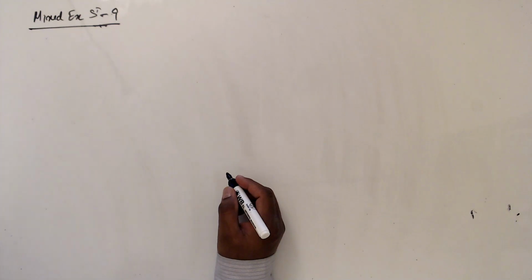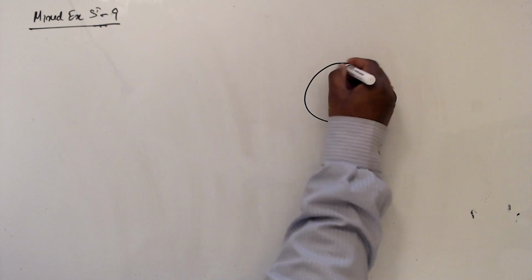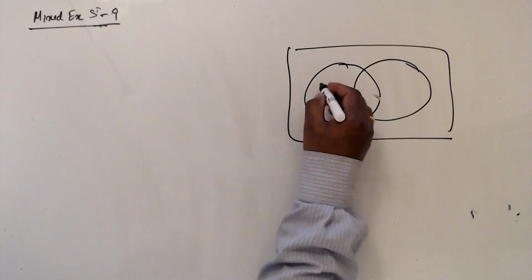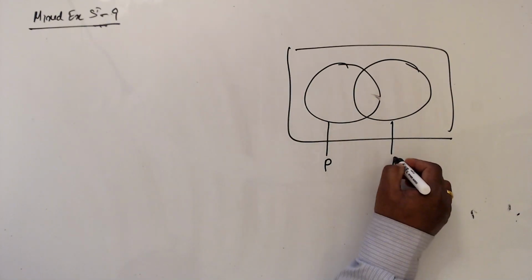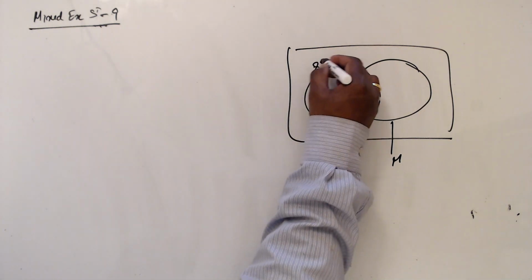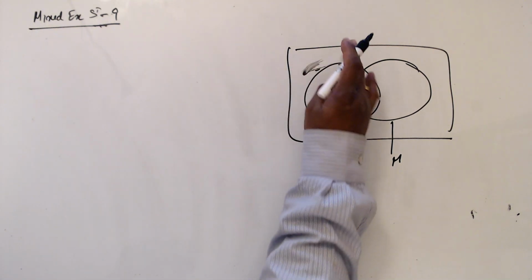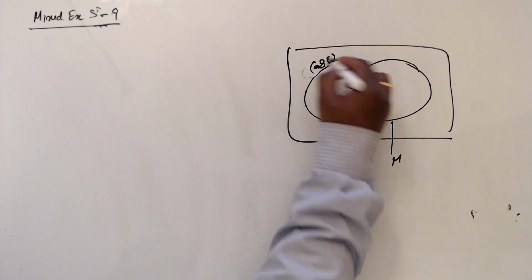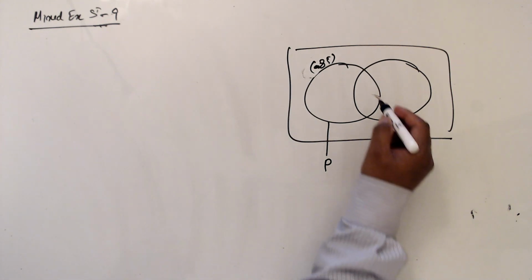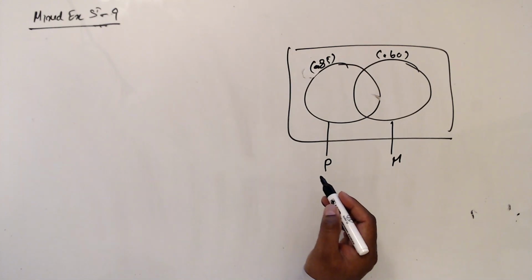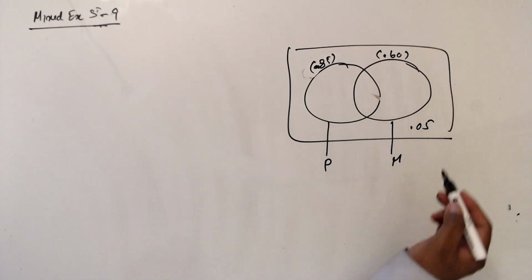Question number 9. It is about phone and MP3 player. 80% have phone, 0.85, and 60% have MP3, 0.60, and 5% doesn't have anything, 0.05.